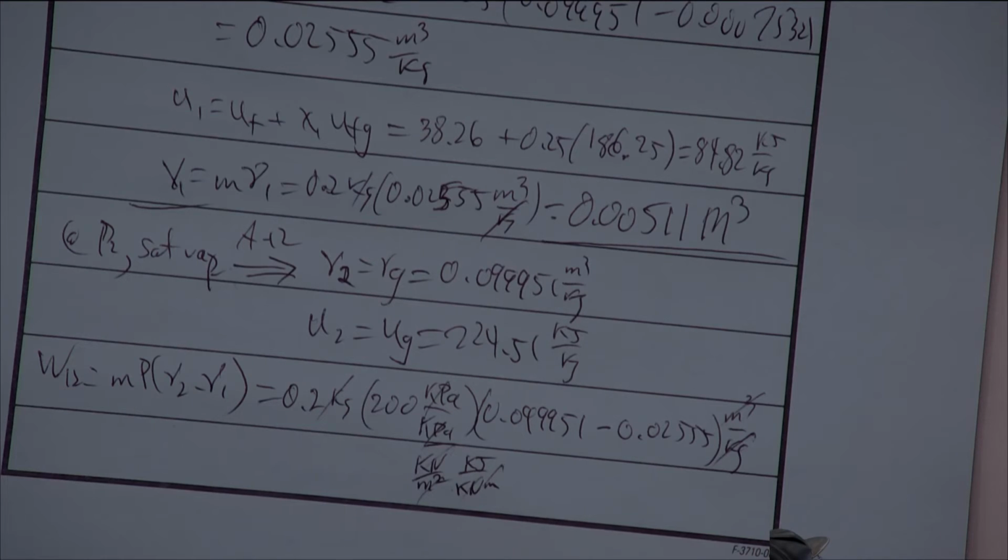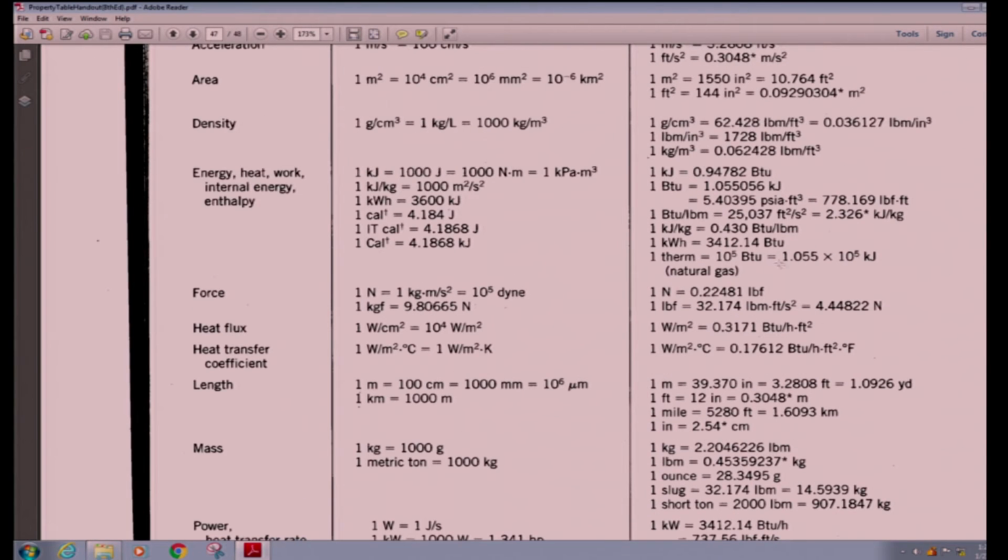And you'll find the conversion factor you need. In fact, it's right here where the cursor is. Why the cursor turned to an X, I don't know, but it's right here. It says 1 BTU equals 5.40395 PSIA foot cubed. So all the conversions you need are in the book somewhere, but follow through with the units. If you don't follow through with the units, there will be some errors.